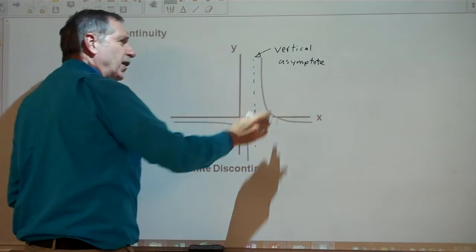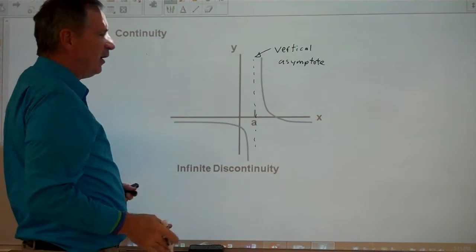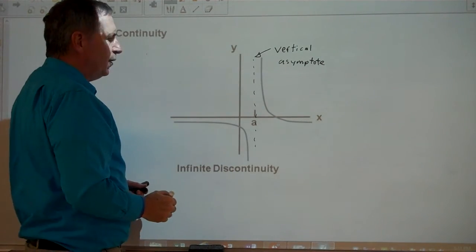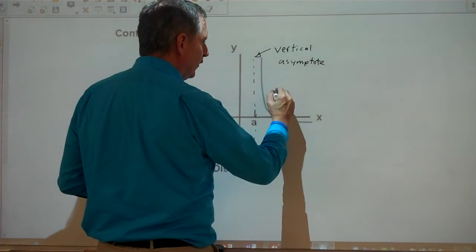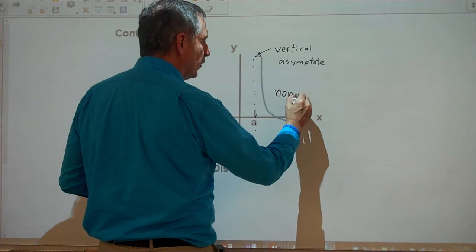So the vertical asymptote is what graphically we see that represents there's an infinite discontinuity. We would also say this is a non-removable discontinuity.